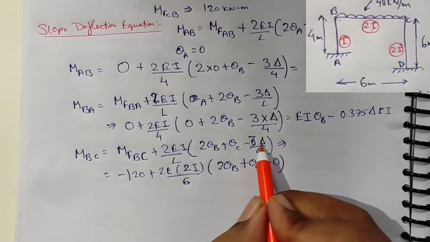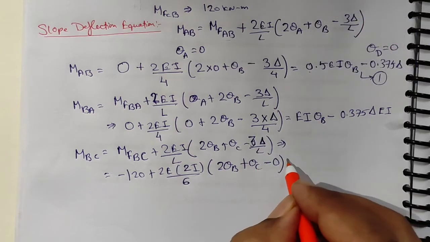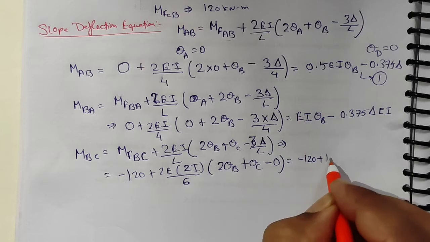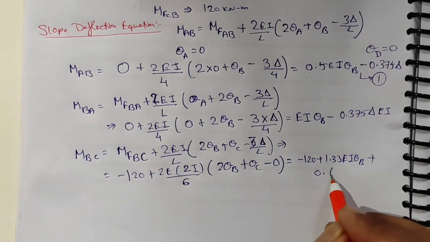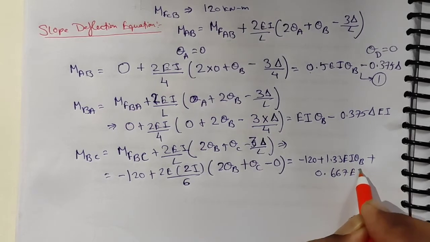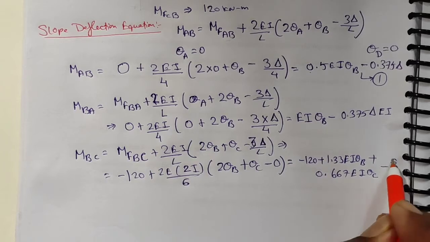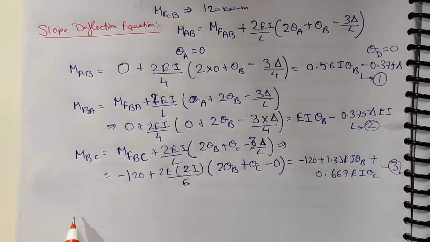Here there will be no del value in the horizontal member. Therefore, my final equation I will get as minus 120 plus 1.33 EI theta B plus 0.667 EI theta C. So I will label it as equation number 3 and the previous one as equation number 2.